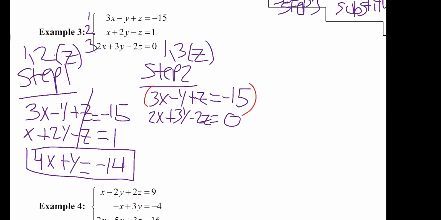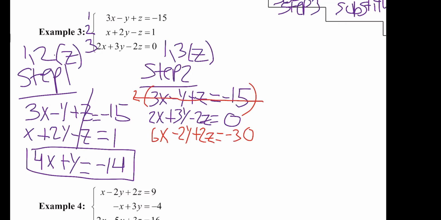Since I have negative 2z on the bottom, I need to make the top z a positive 2z. So I've got to multiply the top equation by 2. I'm just going to write that below. So I would have 6x minus 2y plus 2z equals negative 30. And now I'm not looking at the original one anymore. These are my two equations now, this purple one and the red one.